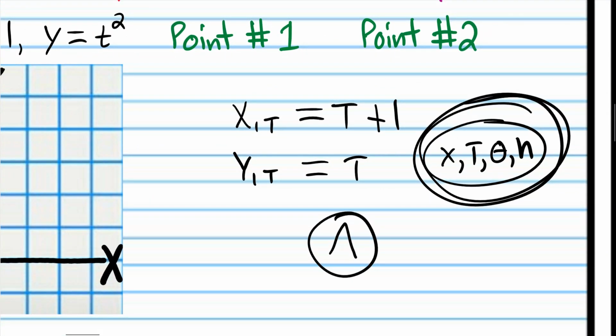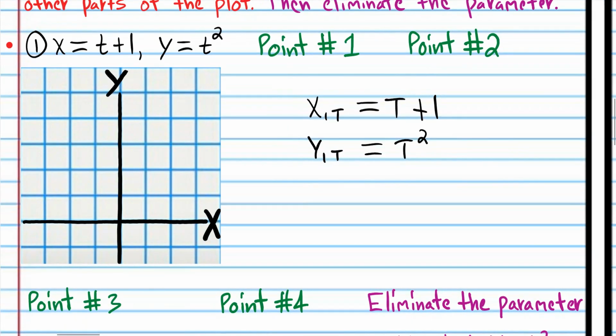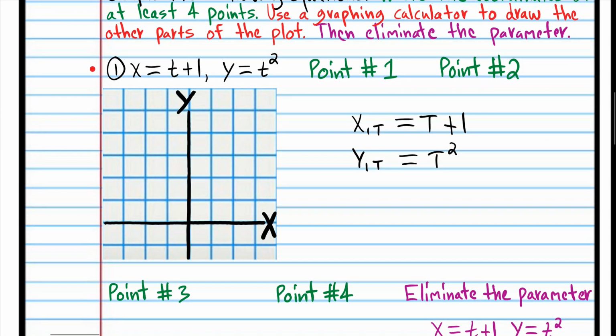And then you're going to enter 2. So you should have t squared. So this is what you should have for your parametric equations. And I got that from here. And I got this equation from here. So x is defined by t plus 1 and y is defined by t squared.